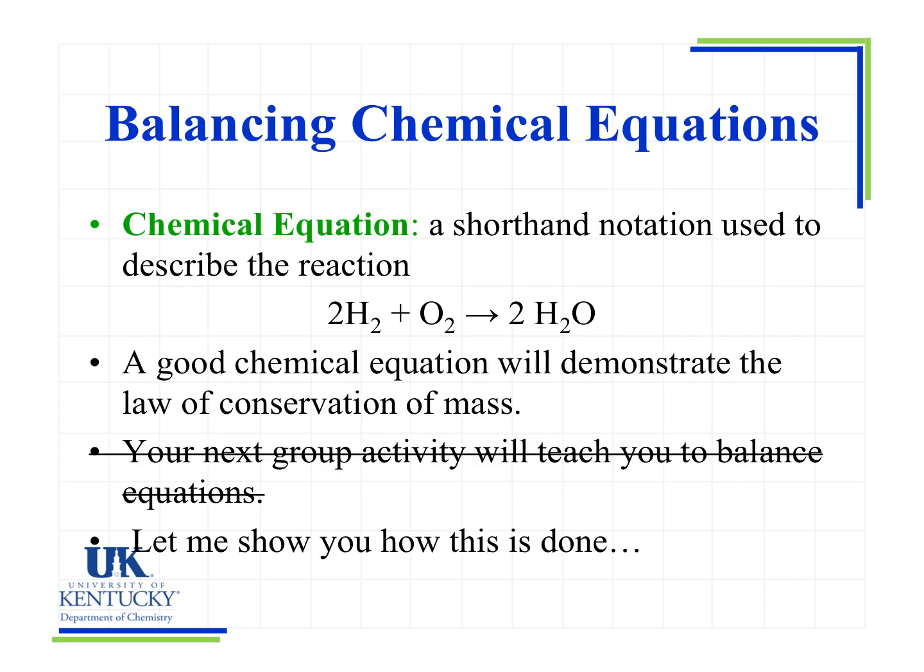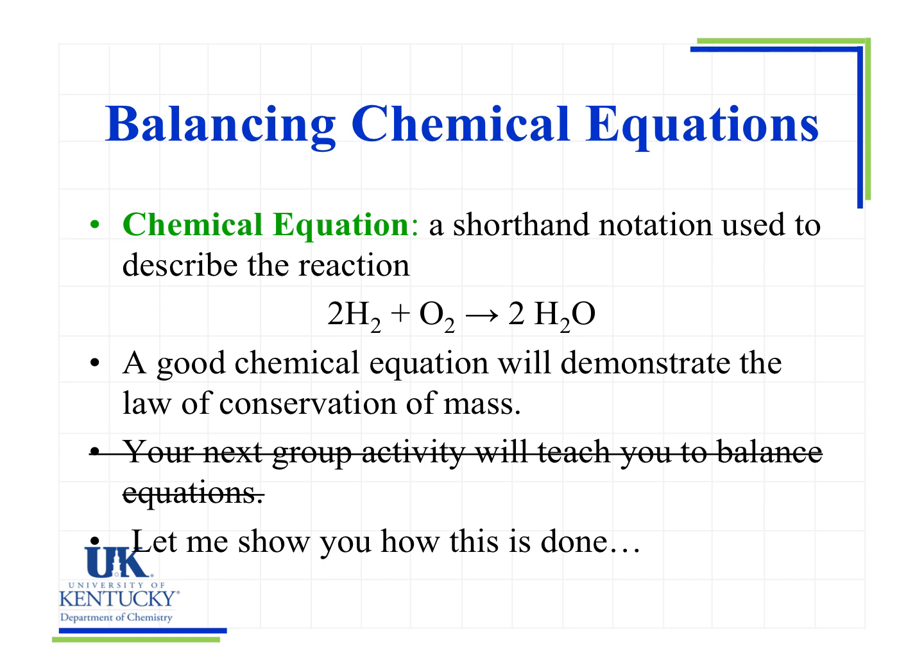So let's get into balancing chemical equations. First of all, let's define what a chemical equation is. This is a shorthand notation used to describe a reaction. So, in this example you see here, hydrogen, which is a gas, is going to react with oxygen and is going to produce water.